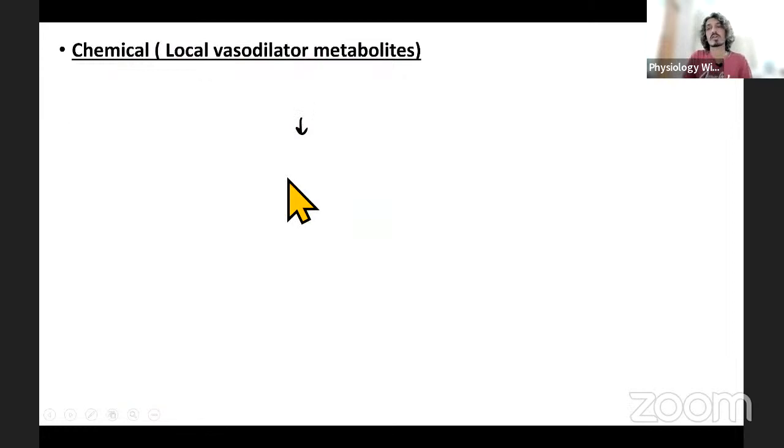So we talked about your pressure, we talked about your compression. Now we're going to talk about the vasodilator metabolites that I was talking about, the chemical involvement over here. What happens is, during systole, when not enough blood is coming in, there is a decrease in the PO2.